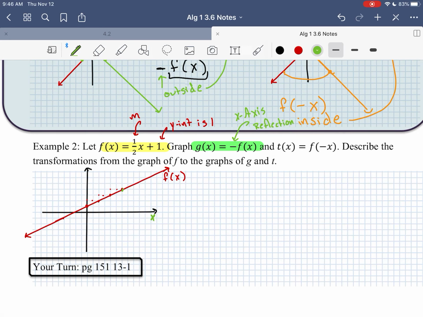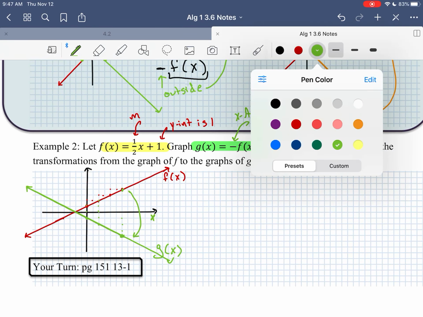This point here, instead of being up 4, is now going to be down 4. This point, instead of being up 2, needs to be down 2. This one, instead of being up 1, needs to be down 1. Connect those dots. There is my x-axis reflection. It reflected this down. So this is my g of x function. Make sure you label it.